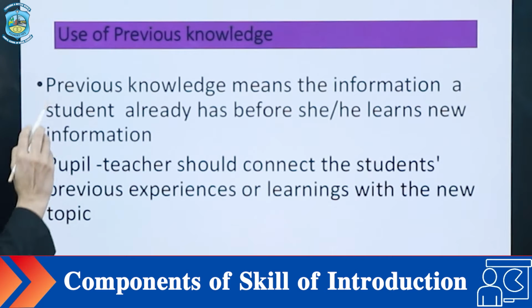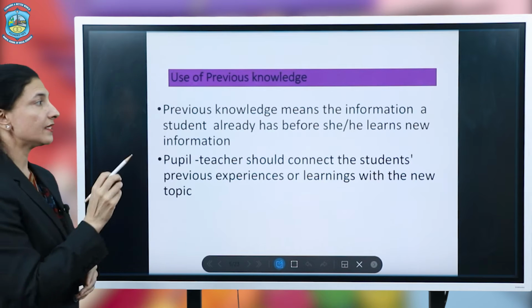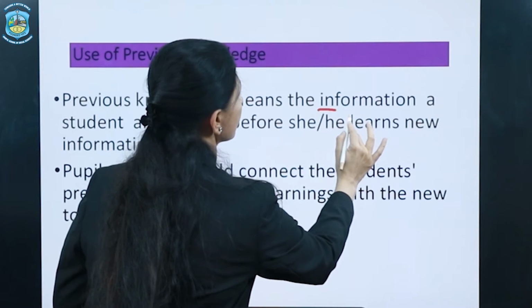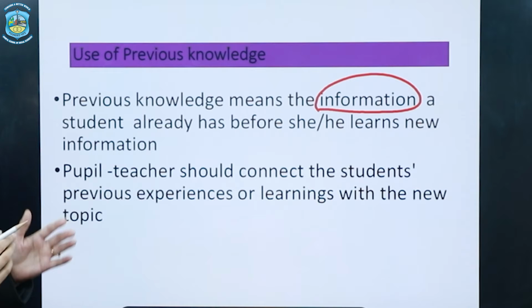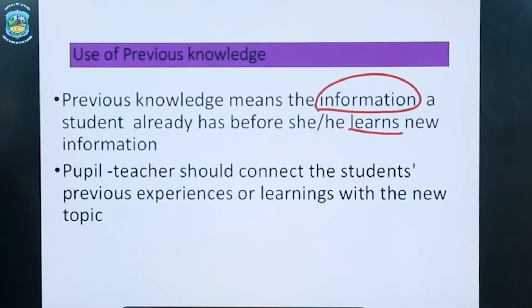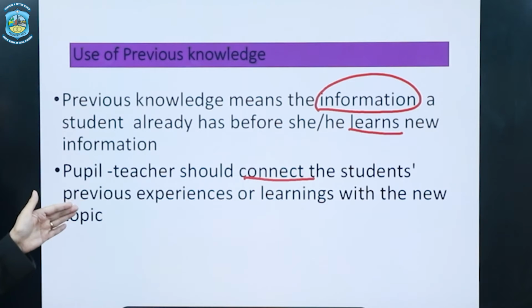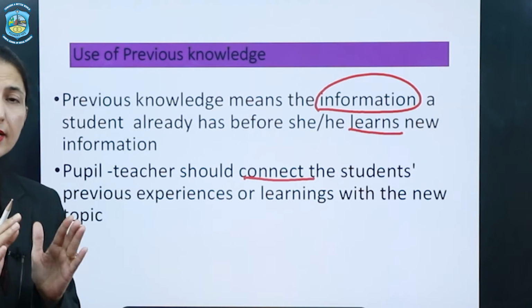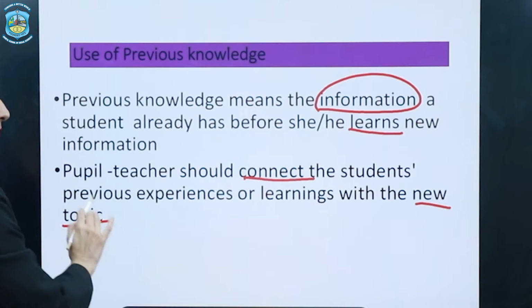The first one is the use of previous knowledge. What do we really mean by previous knowledge? Previous knowledge means the information a student already has before she or he learns new information. The pupil teacher should connect the students' previous experiences or learnings with the new topic.